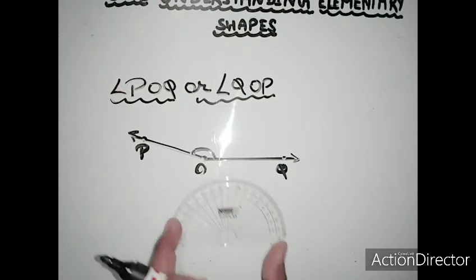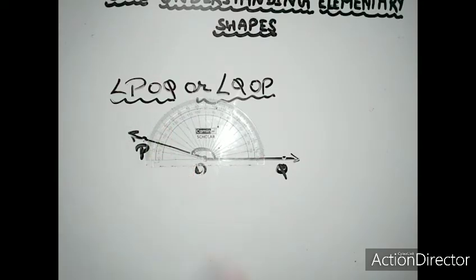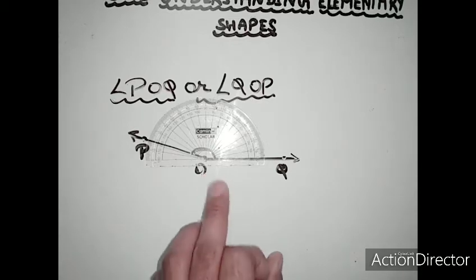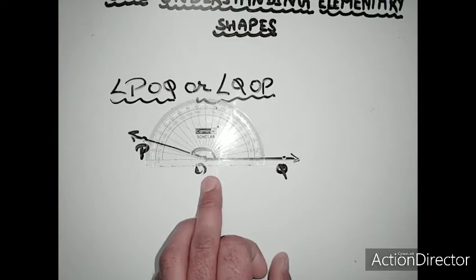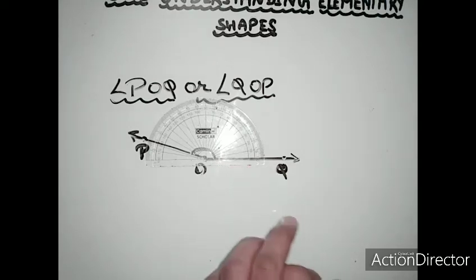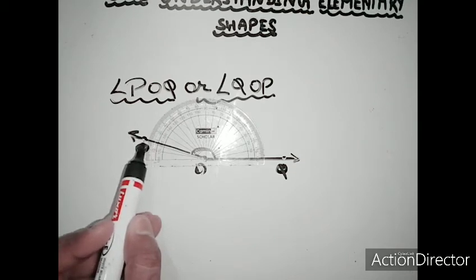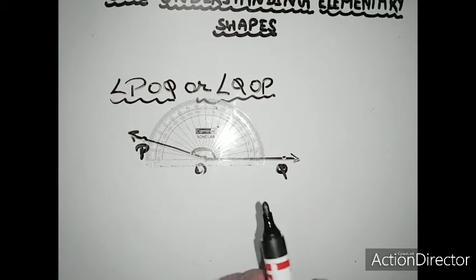Now here we put this protractor on this angle, right? Here we put the center point and midpoint of this protractor on the point O, and we put this straight line with the ray. Okay, so now we measure this angle, so it is approximately 162 degree, right?